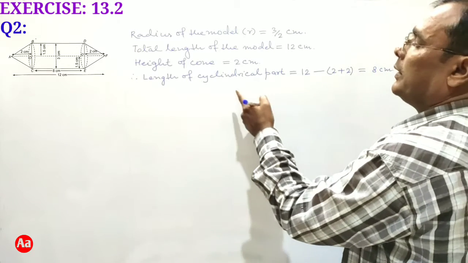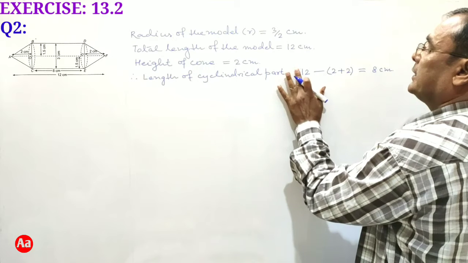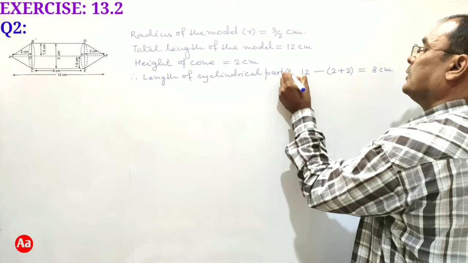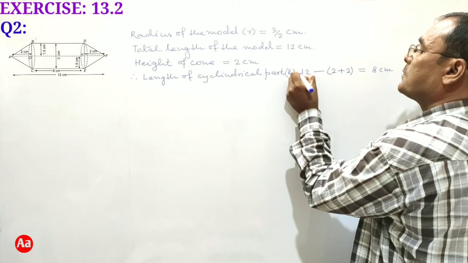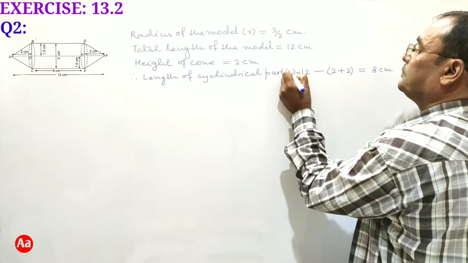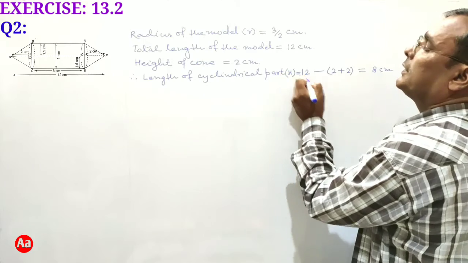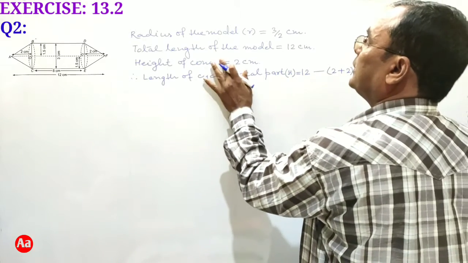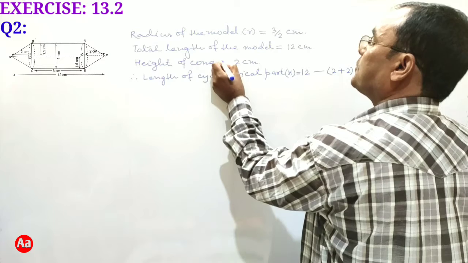This is the length of the cylindrical part, and let us write it by capital H. And this height of cone we will denote by small h.